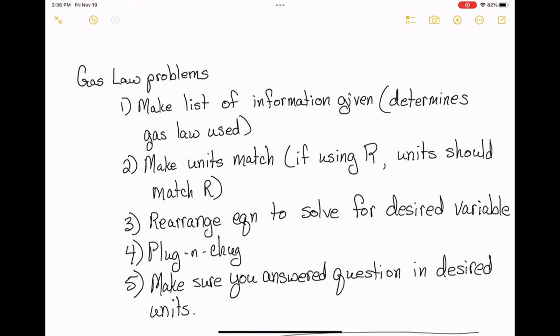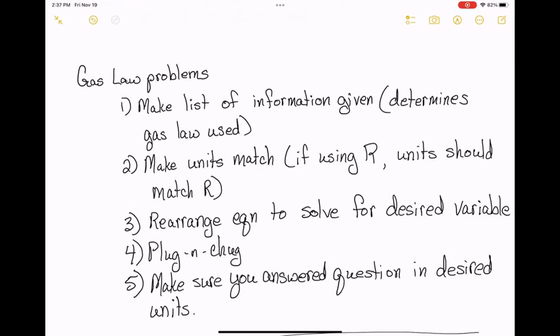I tend to find it easier to rearrange 4 or 5 letters than it is to rearrange numbers and units. So I always rearrange the equation. Once it has been rearranged, I plug and chug the variables that I have into the equation.